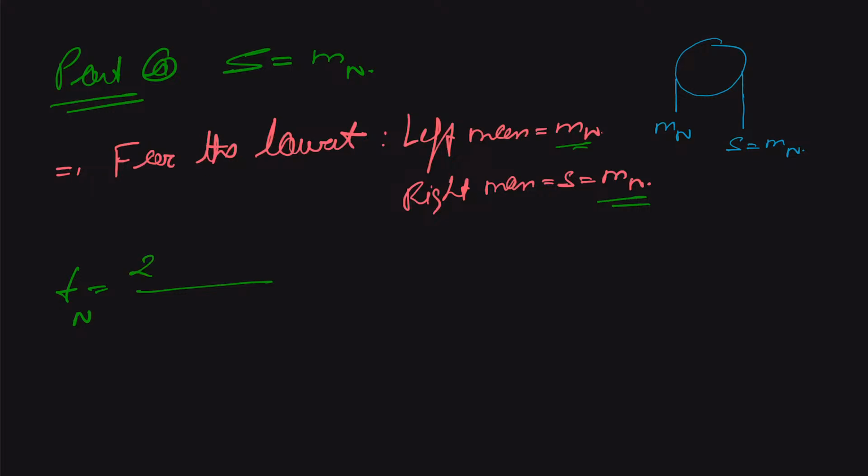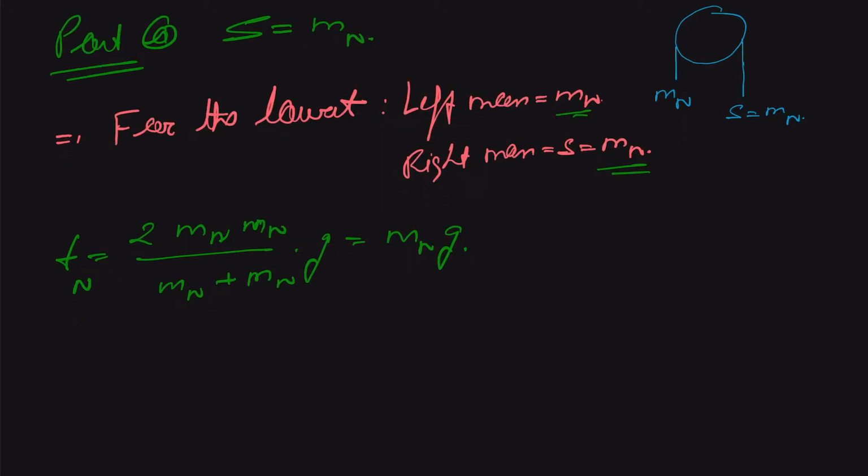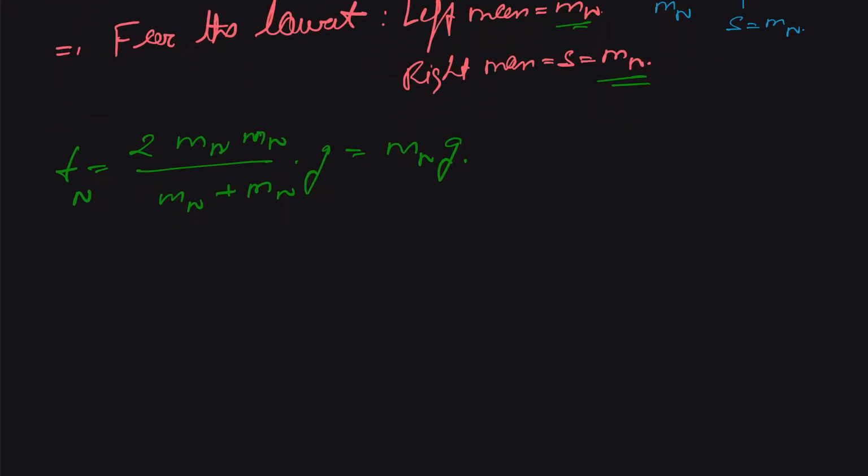It can be written as 2 m of n times m of n divided by m of n plus m of n multiplied by g, and this gives us m of n times g. Okay. And so this is our tension T.